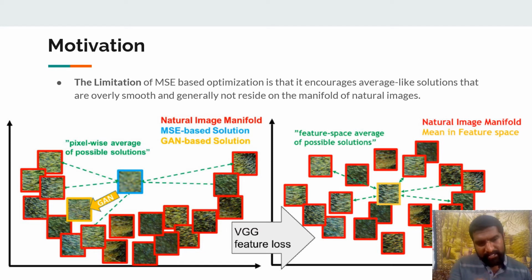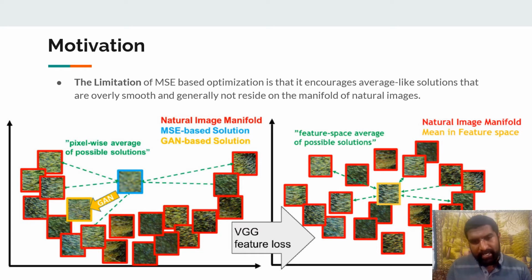However, as you can see by the yellow box, the GAN actually generates a much more perceptually accurate representation when we consider all the other images.